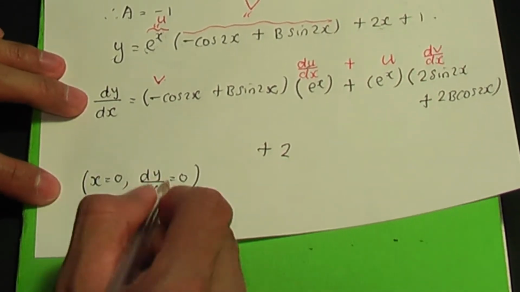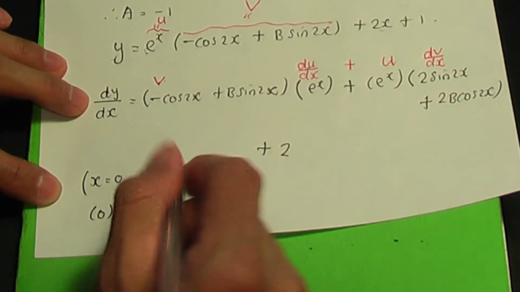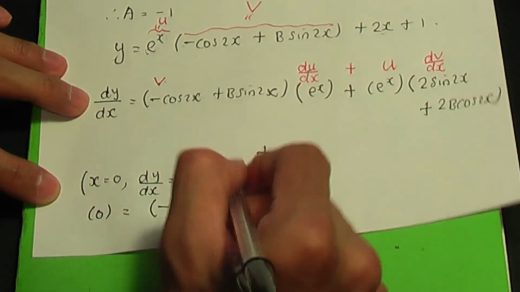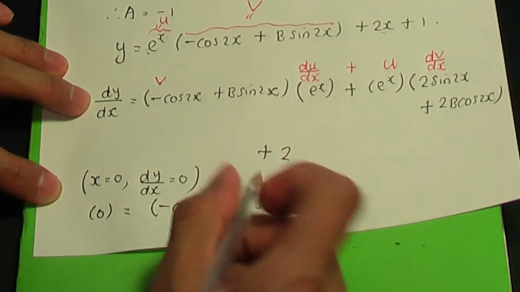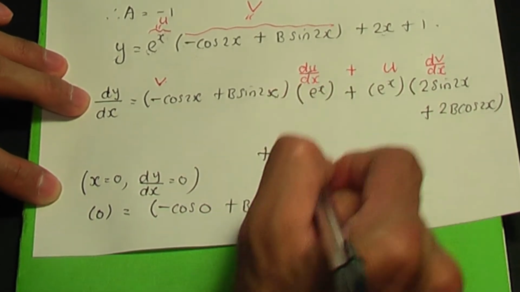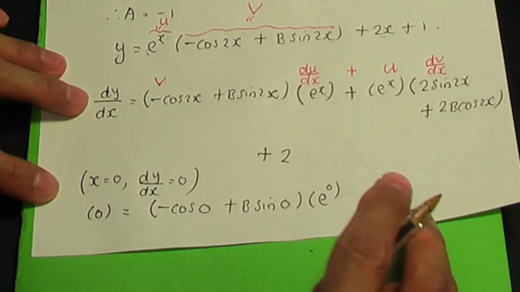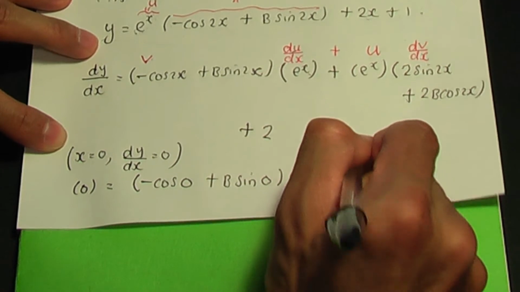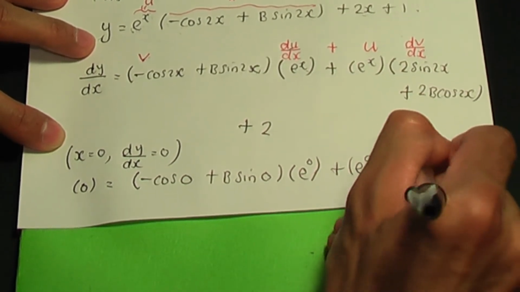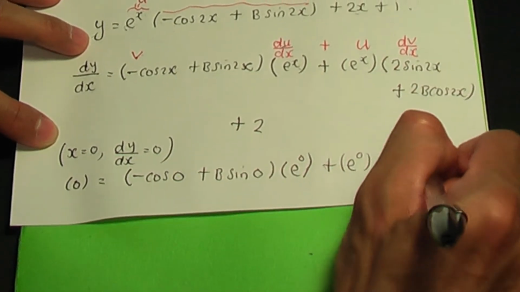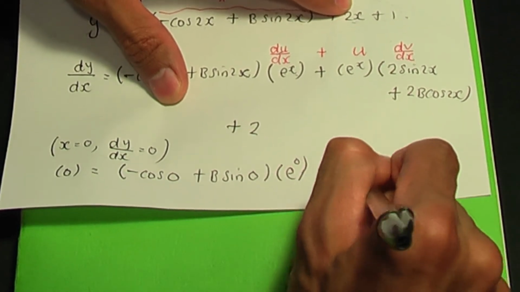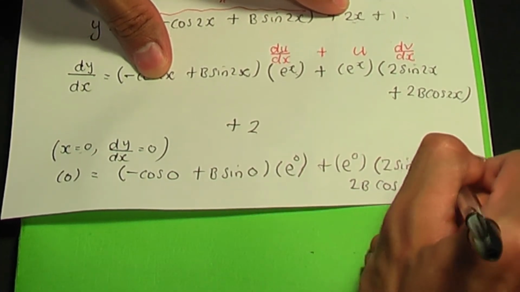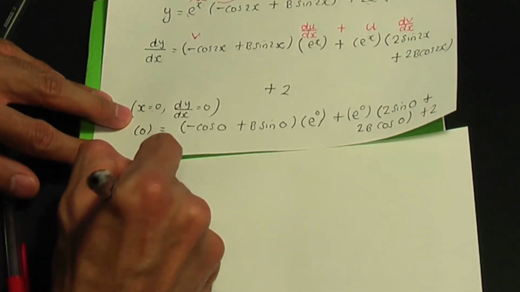So if we use these conditions, dy by dx is 0 on the left, and that is equal to e to the power 0, open a bracket, minus cos of 2 times 0, plus b sine of 2 times 0, close the bracket, plus e to the power 0, open a bracket, 2 sine of 2 times 0, plus 2b cos of 2 into 0, close the bracket, and don't forget that plus 2. So we have 0 on the left hand side.